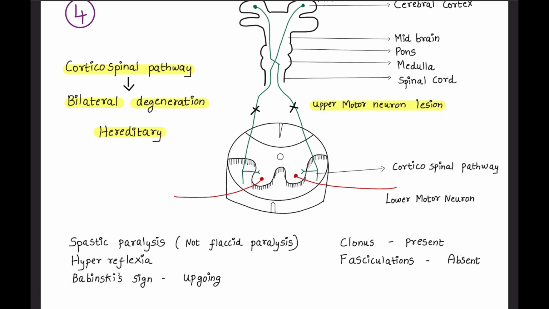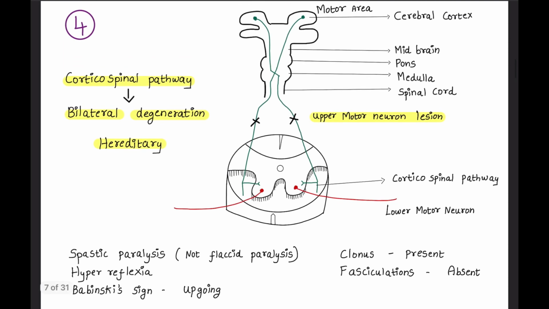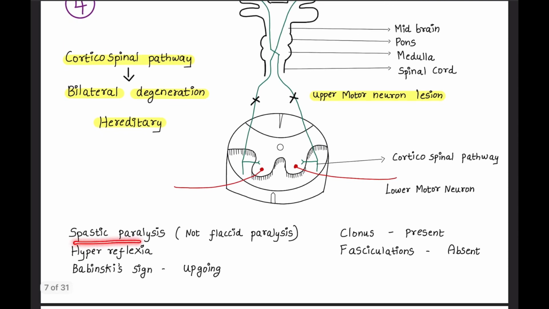The patient will have spastic paralysis, hyperreflexia, Babinski sign which is upgoing, and clonus is present. The lesions are bilateral, on both sides of the corticospinal tract, and because of these lesions there will be bilateral degeneration of the nerve tract.